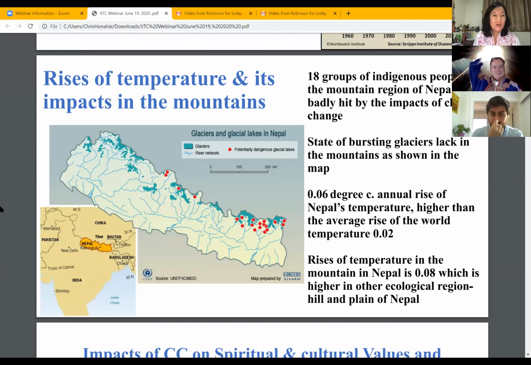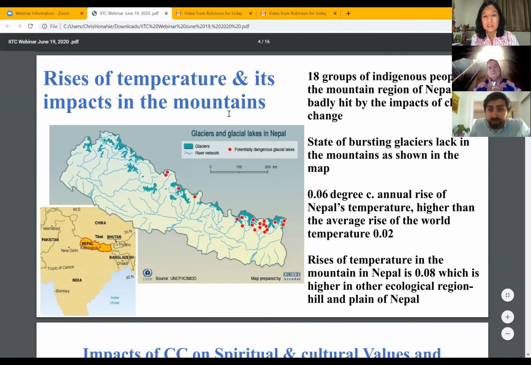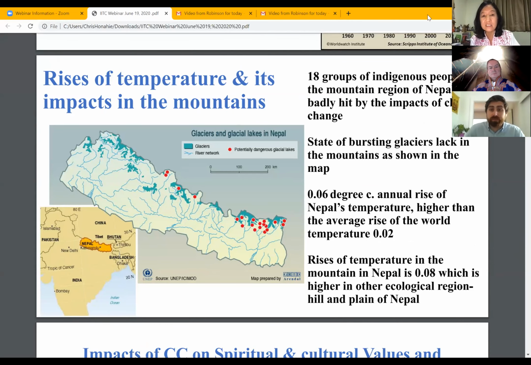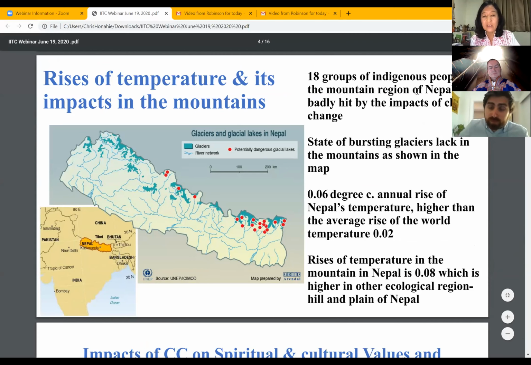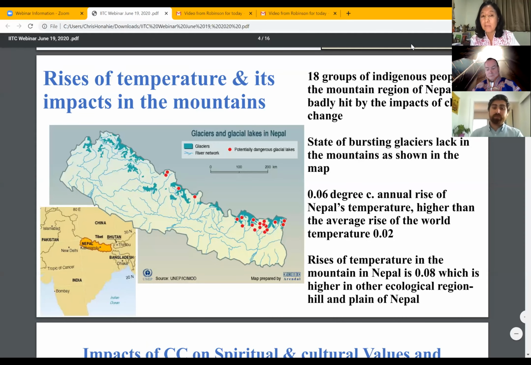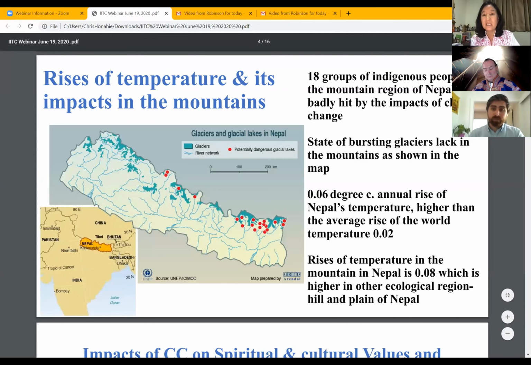So the temperature rises everywhere, but its impacts are greater in the higher mountains, especially the mountain region of Nepal. You can see in the mountains, all the red spots are where the glaciers are in a state of bursting, as glacier lakes are coming up. In the mountains, almost 95% are indigenous people.